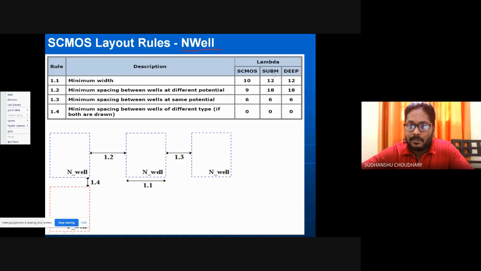Then you have sub-micron design rules and deep sub-micron design rules. Since we will be following the scalable CMOS rules, and MOSIS and Orbit Foundry also have specified these rules, these rules are present in your tool also. So we'll use the values of column 1.